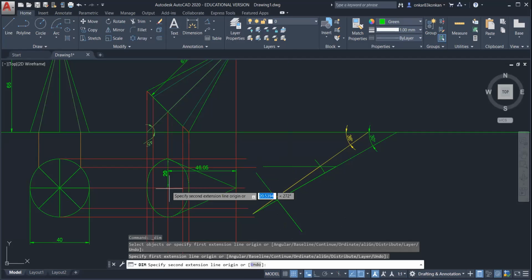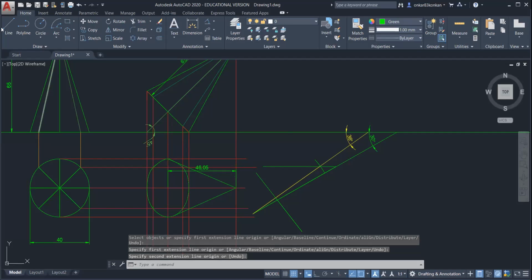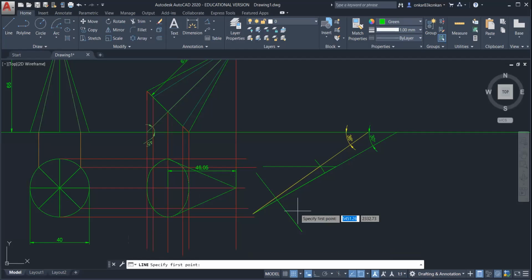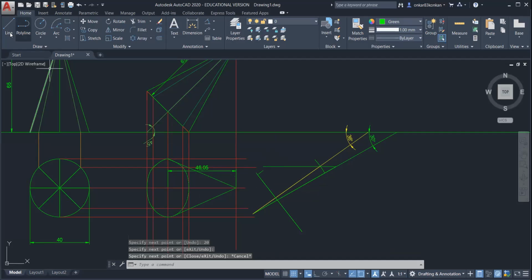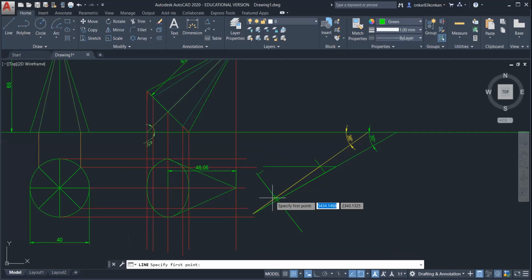So take this distance in your compass. Right now it is 20. Take the same distance on the other side.